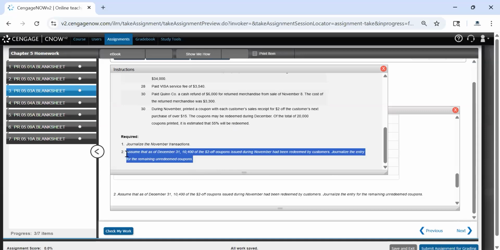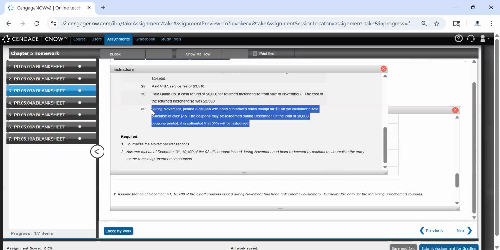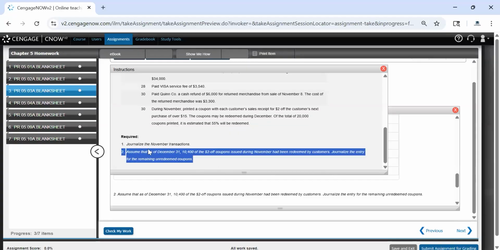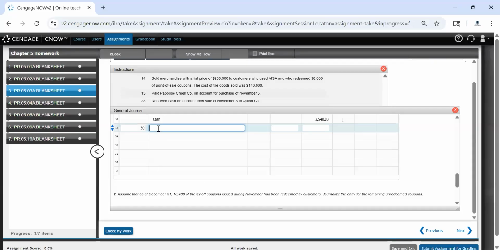And we're assuming this because in the next problem, we're supposed to make the accrual for the coupons, and then in December we're also making an accrual for this. So we will use our accrued accounts to record this transaction.